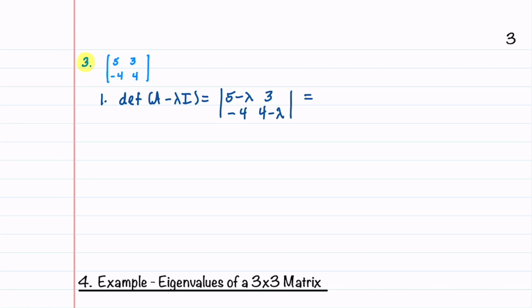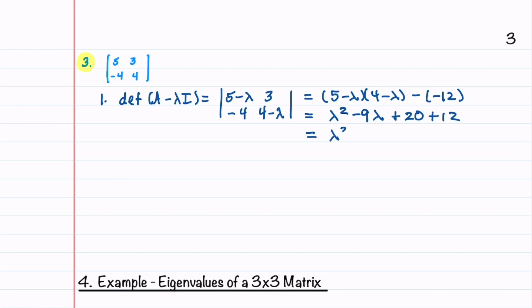Our determinant is then equal to 5 minus lambda times 4 minus lambda, minus a negative 12. Multiplying everything out, we have lambda squared minus 9 lambda plus 20 plus 12. This gives us lambda squared minus 9 lambda plus 32.